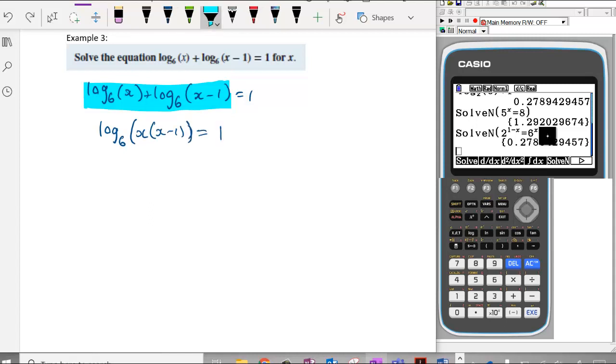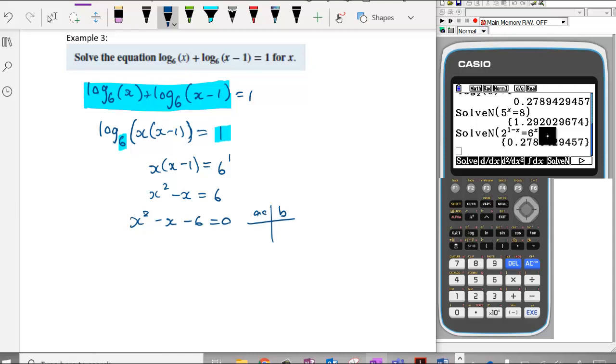Now straight away we have our base and our exponent. So we can say that this is x multiplied by x take 1 is equal to 6 to the power of 1. Or x squared take x is equal to 6. And if we bring this all over, hopefully we can recognize that this is a quadratic. And we've got x squared take x take 6 is equal to 0.